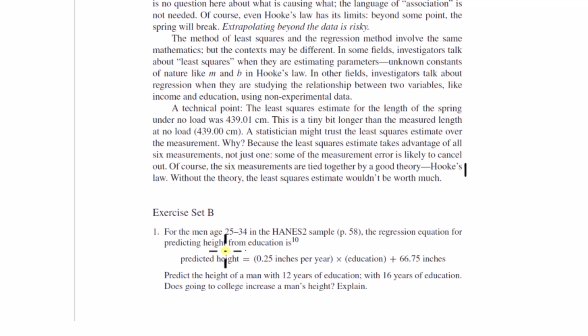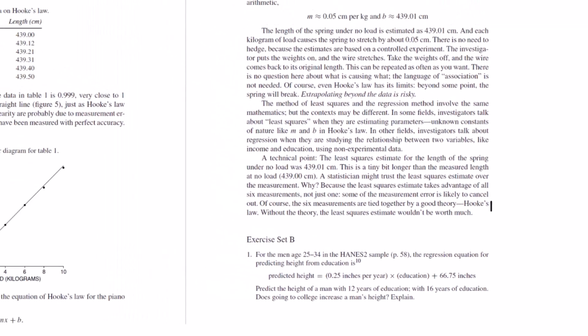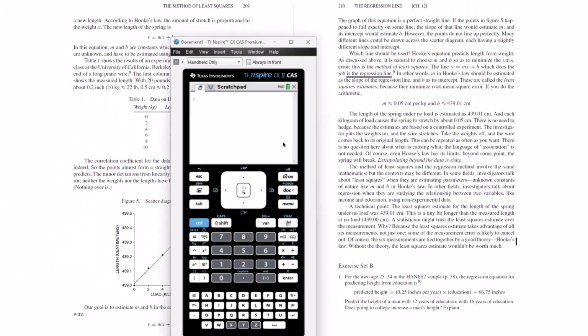So there was just some study on page 58 that involved heights of men, their ages, their education, etc., and they did a regression analysis relating the education to height and got this regression equation here for the regression line. So if we want to predict the height given the years of education 12 and 16, we just plug it into the regression equation.